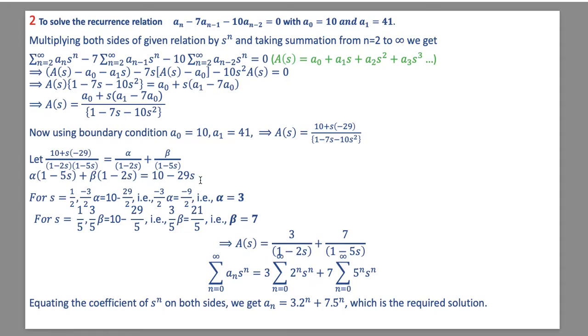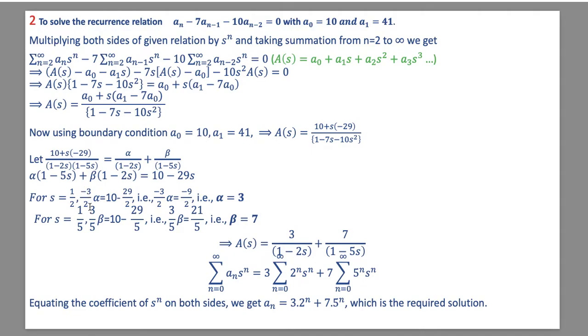So to find alpha, we put 1 minus 2s equal to 0, means s equal to half. So this term is 0, s equal to half means 1 minus 5 upon 2, which is minus 3 by 2.